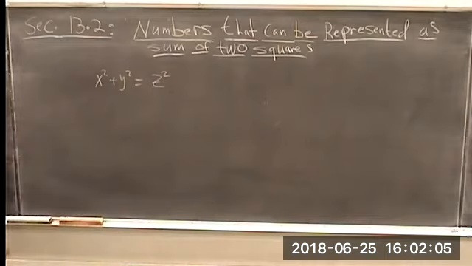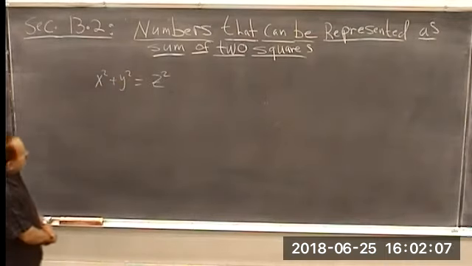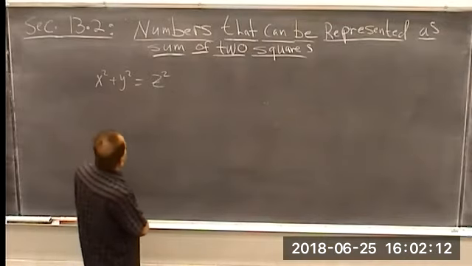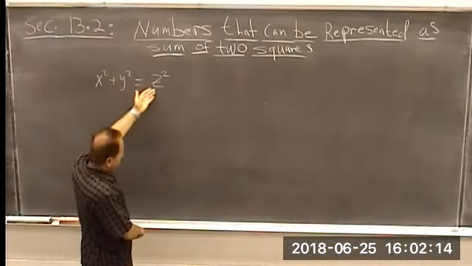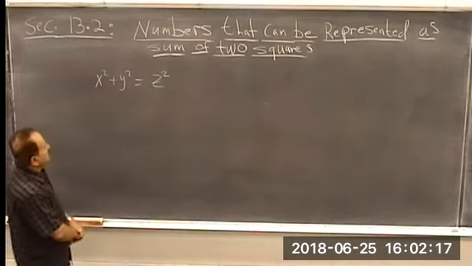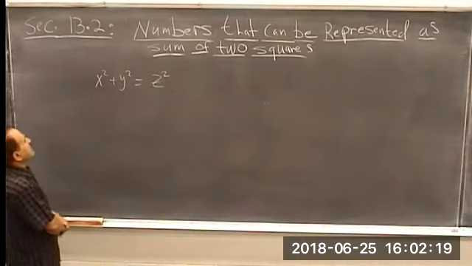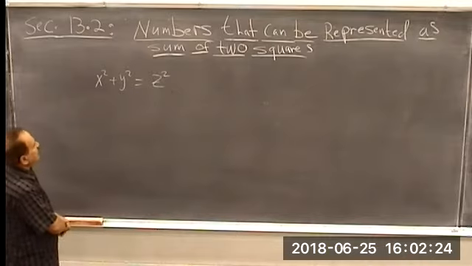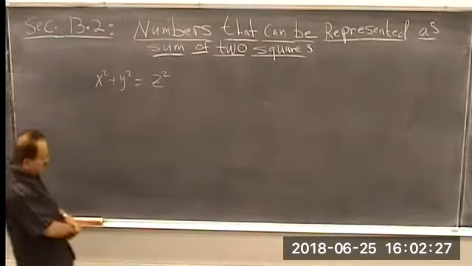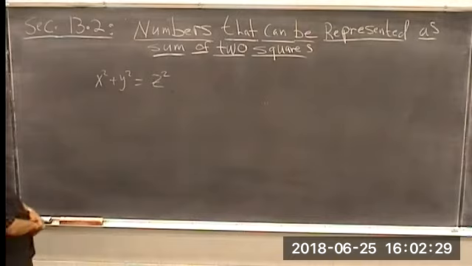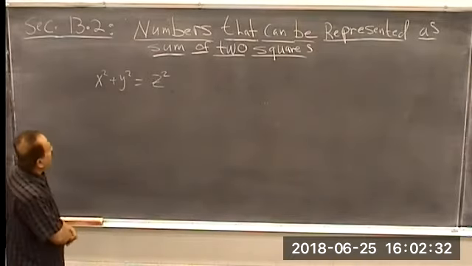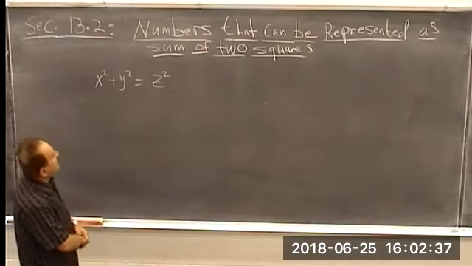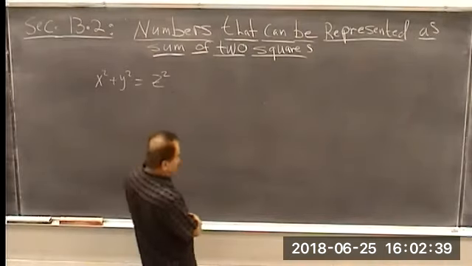We could think of this as the square of z being represented as the sum of two squares, x and y. This is equivalent to solving this Diophantine equation, and we did this in section 12.1. We found infinitely many of them, and we gave a complete characterization for how we can generate those.